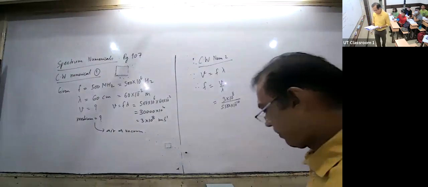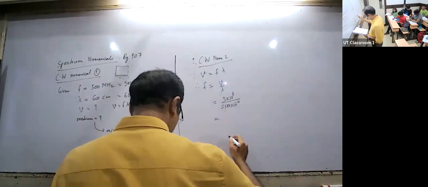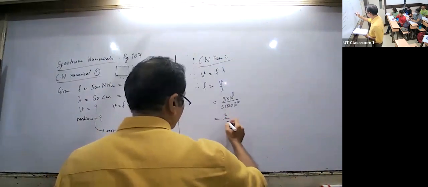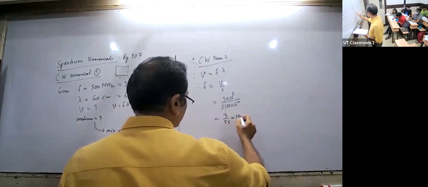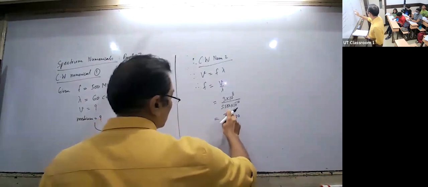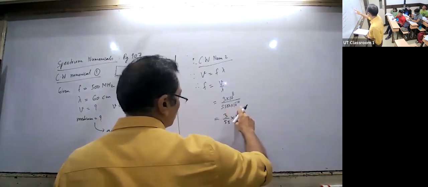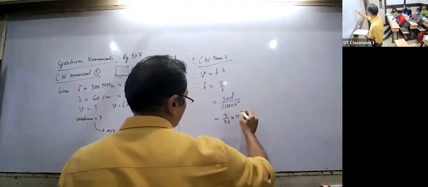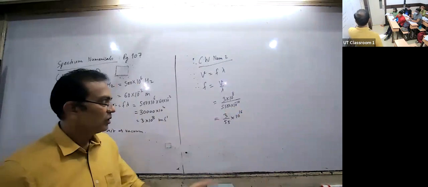Just figure out. So you should get how much? 3 into 10 raised to 8 by lambda, this is 10 raised to minus 8.